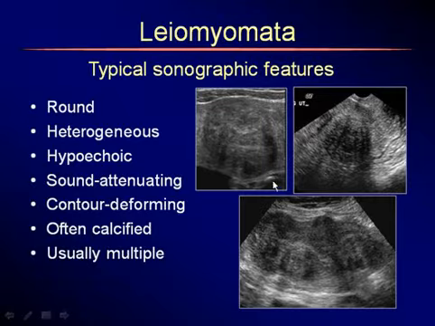It's a round mass, heterogeneous, usually hypoechoic relative to myometrium. It tends to attenuate sound to the point of shadowing. It deforms the contour of the uterus, here in this case, a lumpy, bumpy contour. Often they calcify, and usually they are multiple. Think of it as misery loves company.